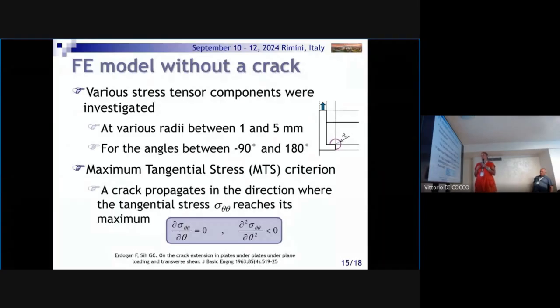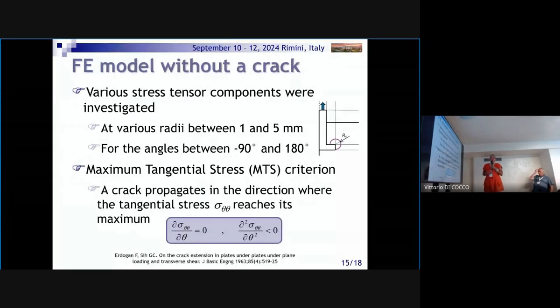We investigated the path for angles between minus 90 degrees, which is this edge part of the anchor, to 180 degrees, which is this horizontal part of the anchor.